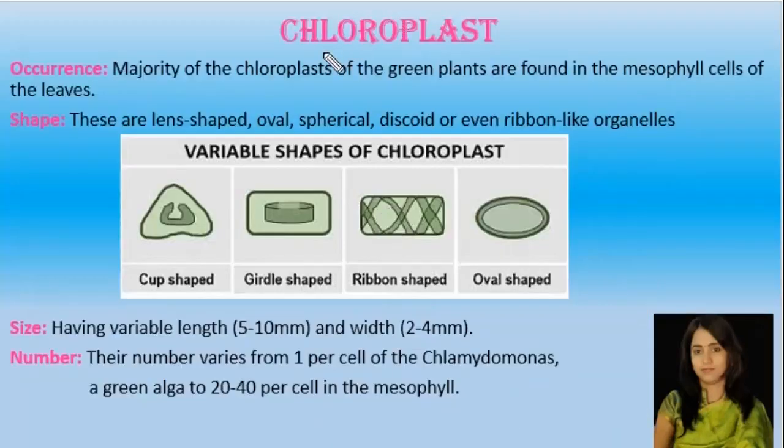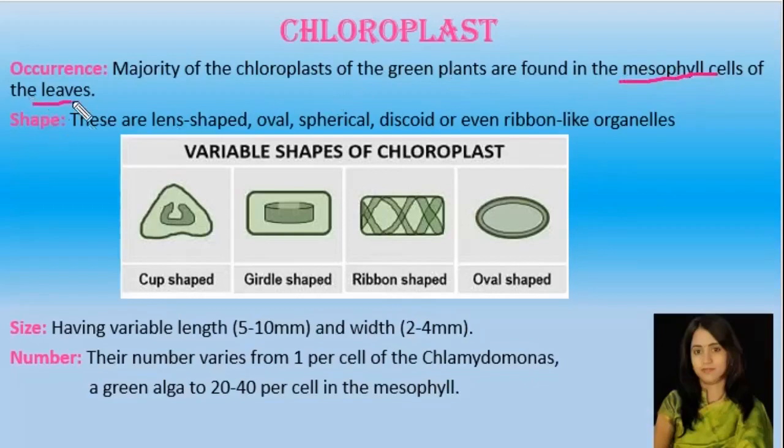Now let us discuss the chloroplast, which is the site of photosynthesis. The majority of the chloroplasts are present in the green plants, in the mesophyll cells of the leaves.